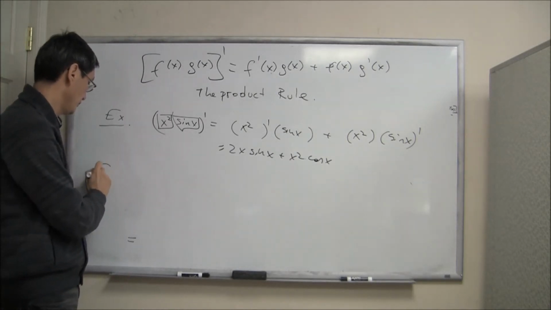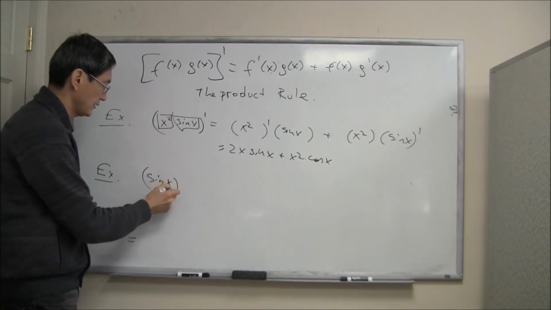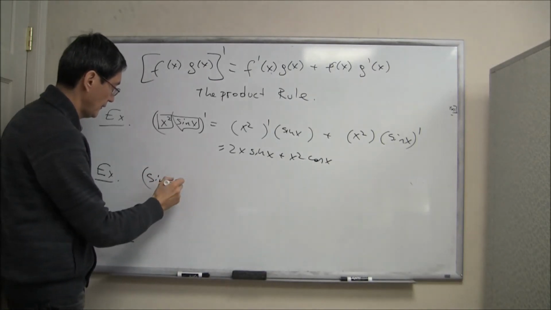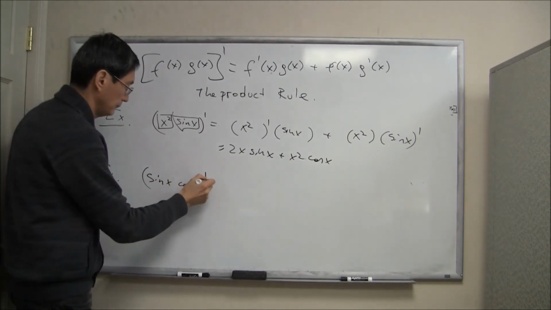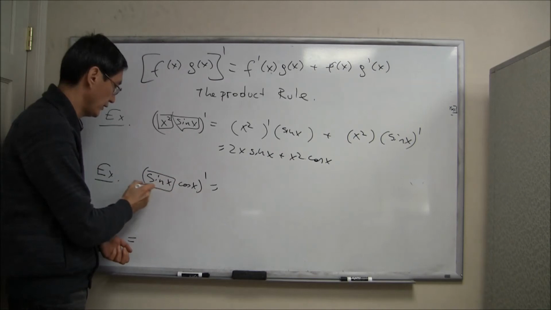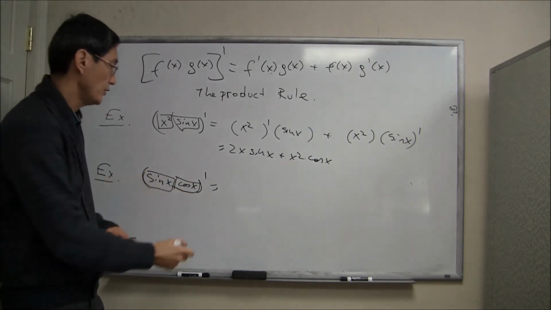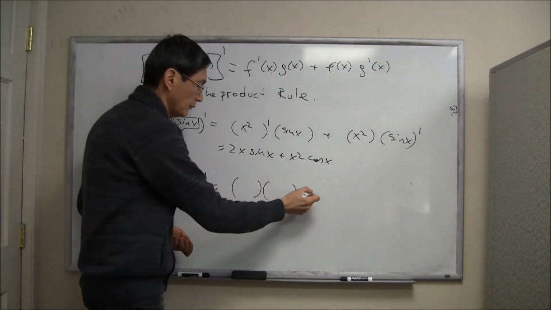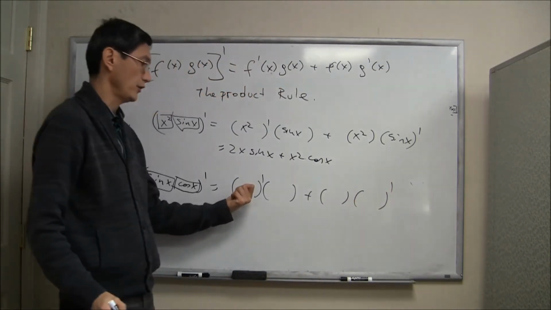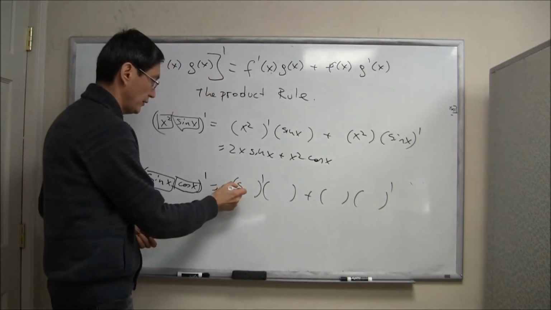Let's try one more example. If we want to take the derivative of sine x times cosine x, again I see a product of 2 functions, so I'm going to use the product rule. I'm going to write down the scheme: derivative of first times second plus first times derivative of second. So I'm going to fill it up.